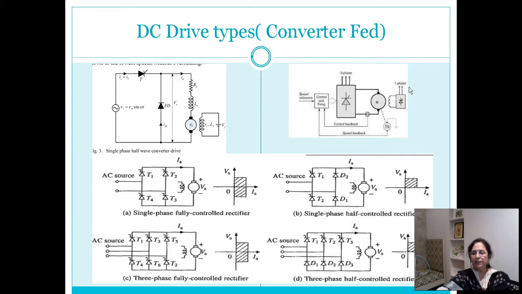In this case it is shown connected to a single phase rectifier circuit. So field is separately excited and the armature is connected through the control available from a single phase or three phase rectifier circuit. This is a typical block diagram which can be considered as a converter fed DC drive.